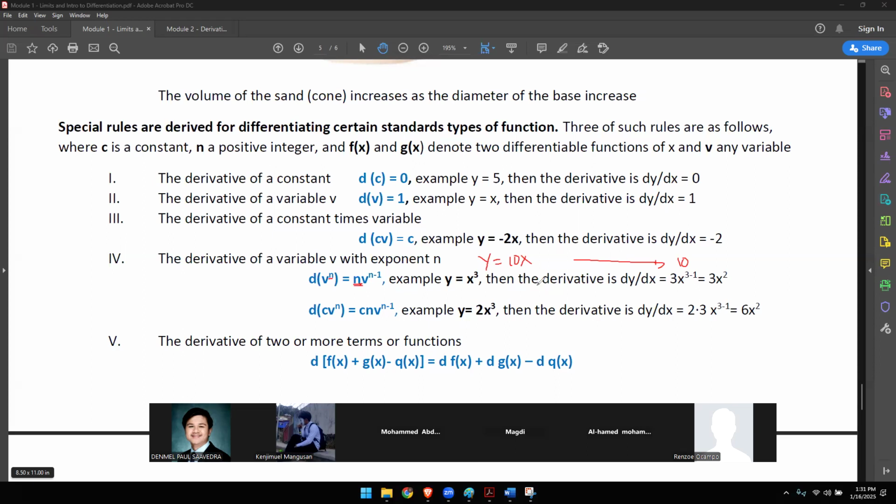Here we bring down the 3, which is now this 1. Afterwards, we deduct 1 from our exponent, so it's now 3 minus 1. Simplifying this will give us 3x raised to 2, or 3x squared.